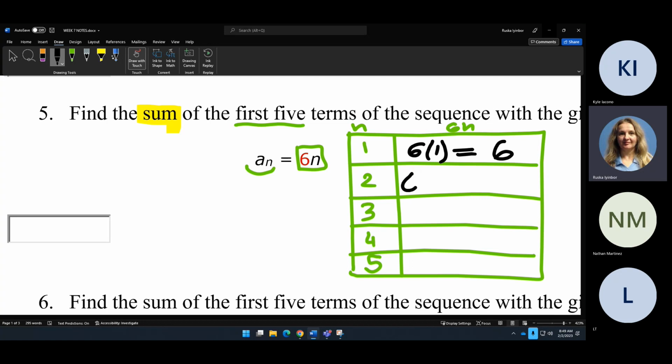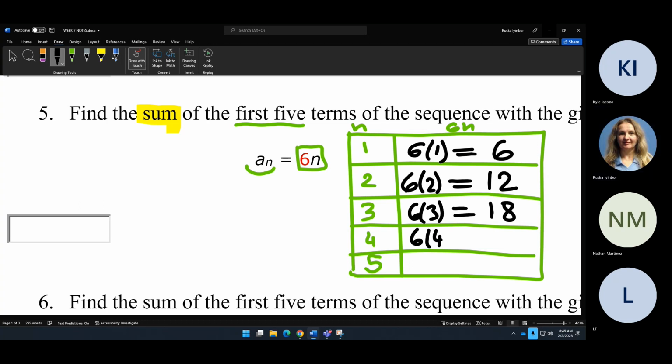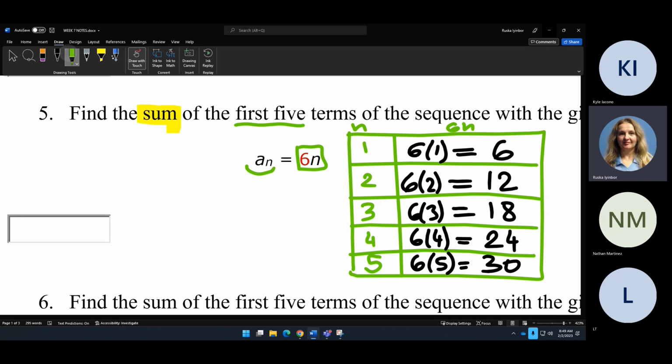Then replace it with 2, 6 times 2, 12. 6 times 3, 18, right? 6 times 4, 24. 6 times 5, 30. Okay?